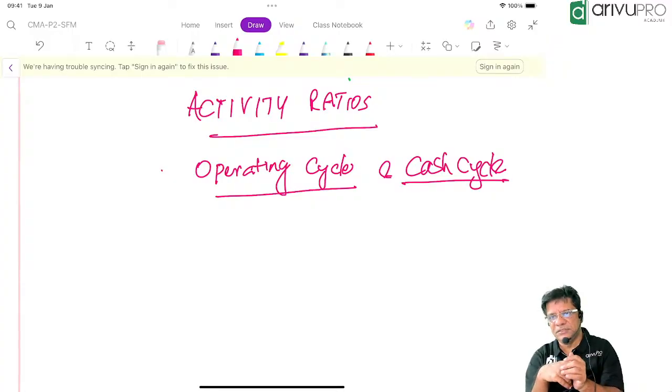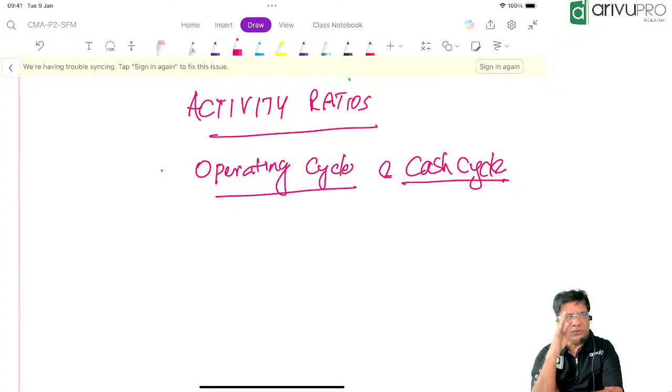For the business, you have to collect from your credit customer also. That may not happen in one day. It can be within 12 months or more than 12 months.